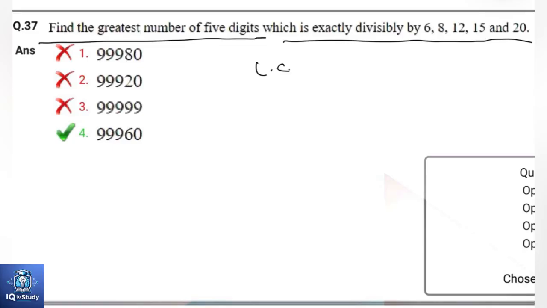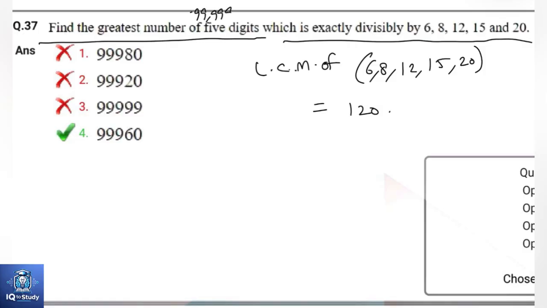Let's take the LCM of 6, 8, 12, 15 and 20. It is equal to 120. And we know that the greatest number of 5 digits is 99,999.